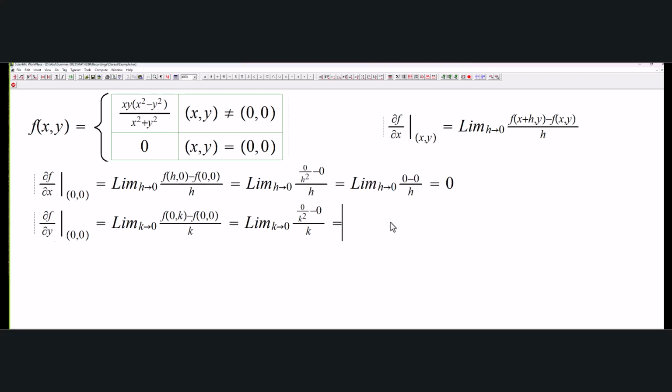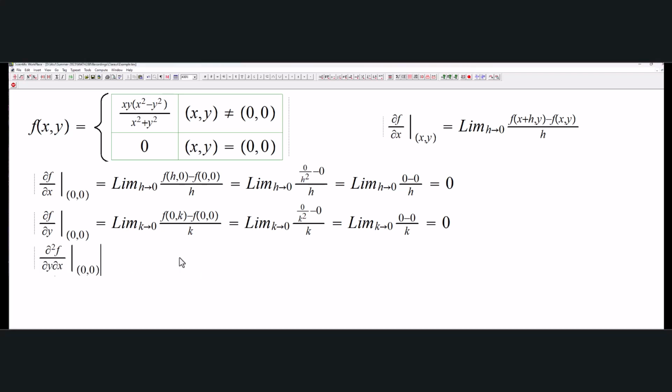I don't know which way will be faster, copying, pasting, editing, or writing directly. So this is what we have, and 0 over k is going to be 0. So the partial derivatives with respect to x and with respect to y are equal in this case.